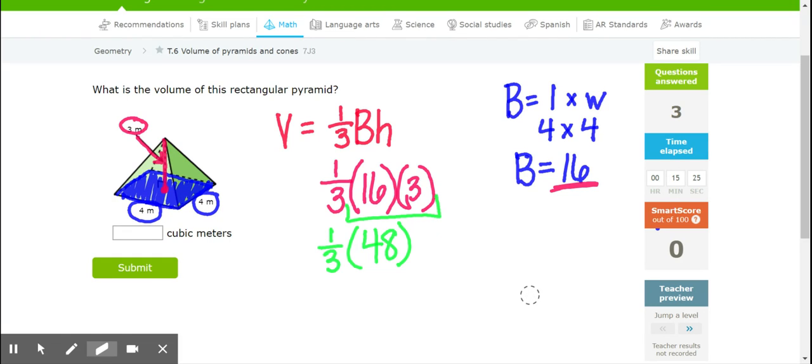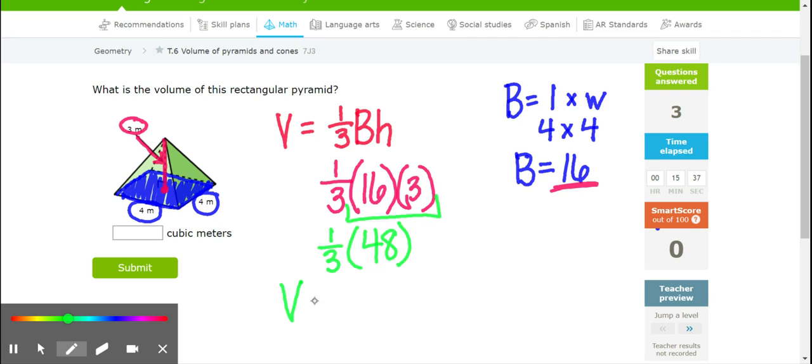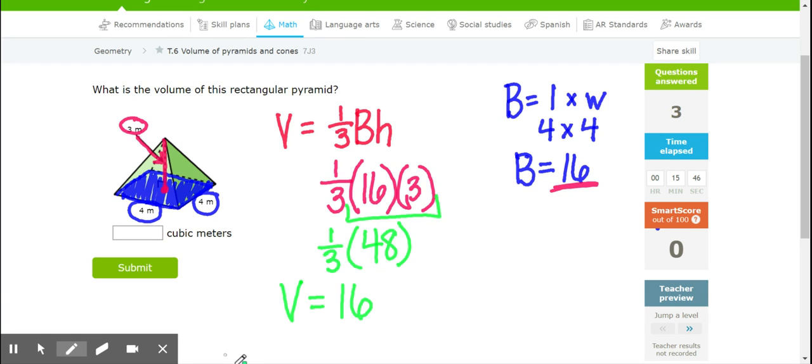So in my calculator, I'm going to type 48 divided by 3. And that gives me 16. So that means that my volume of this pyramid is going to be 16 cubic meters. Type in 16.